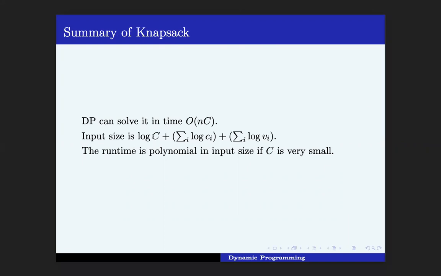If C is small compared to this quantity, then we are fine. But if this capital C, the actual size of the knapsack, is quite large, then this algorithm is not a polytime algorithm.